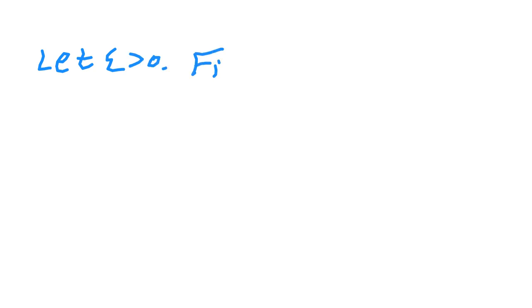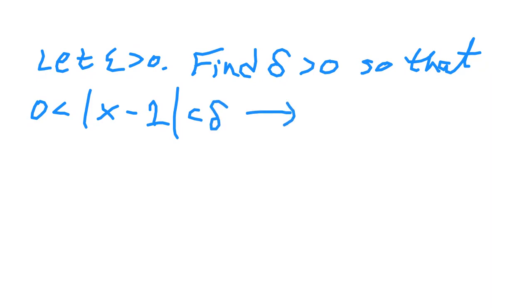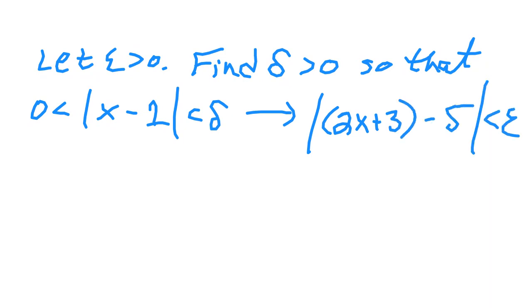And now we need to find a delta greater than 0 so that those things happen. And once again, I'm going to write this out. 0 is less than the absolute value of x minus a, but I know a for this one is 1, is less than delta, would imply or guarantee that the absolute value of f of x, which in our case here is 2x plus 3, minus L, which in our case is 5, is going to be less than that epsilon.